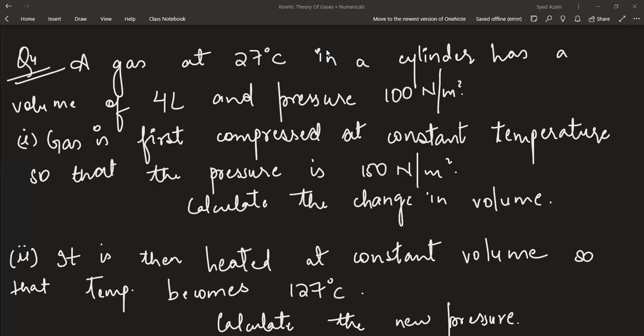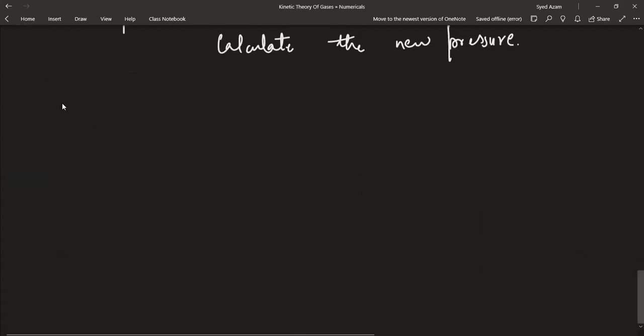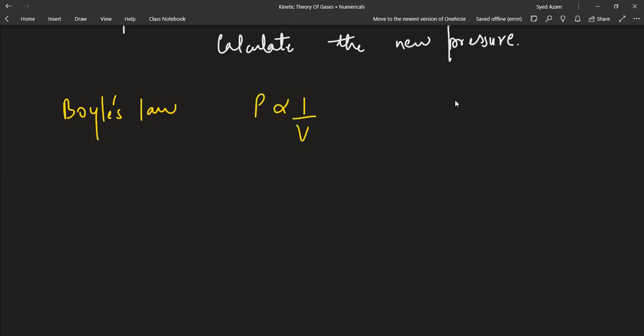If I just change the sequence, that cannot make it the first law or second law. If I write Charles' law as the first one while teaching, that doesn't make it the first. Never write this in the exam. For thermodynamics, you can take it as zeroth law because these are standardized laws. Right now, you have to use the proper name. So Abir is right. The law is Boyle's law, which tells that pressure is inversely proportional to the volume.